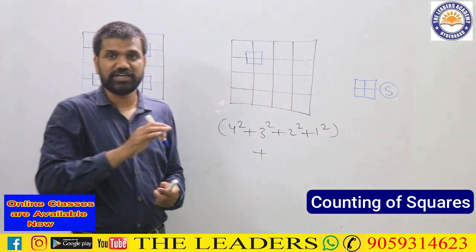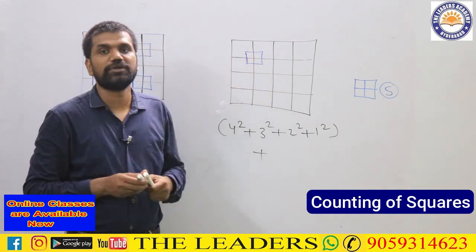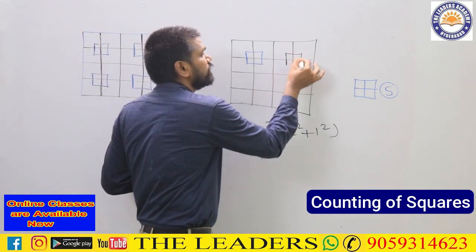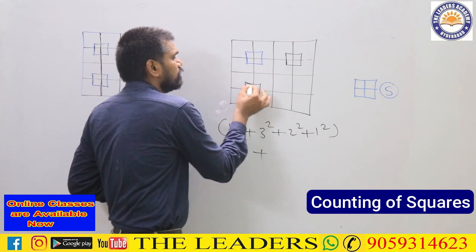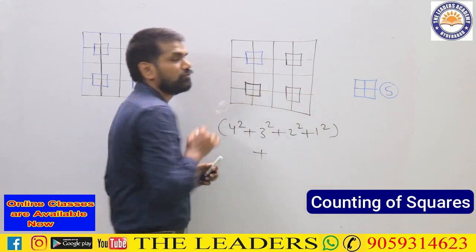If that is the case, here this particular structure I have drawn inside will give me another 5 squares. Similarly, if I draw one more structure over here, that gives me another 5 squares. If I draw one more structure here, that gives me another 5 squares. This will give me another 5 squares.